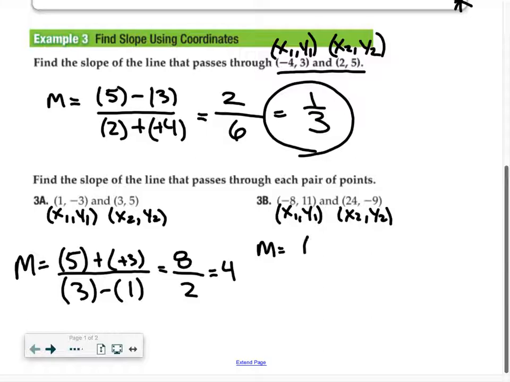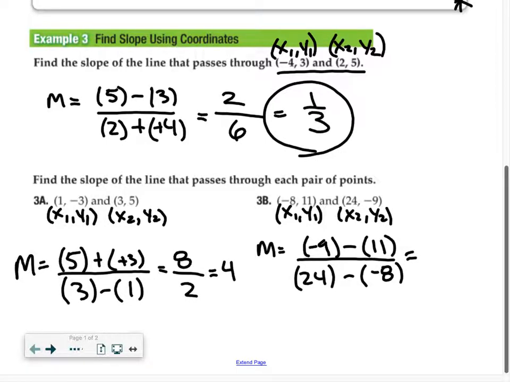Again, one point is point 1, the other point 2. So y2, negative 9, minus y1, 11, over x2, 24, minus x1, negative 8. So negative 9 minus 11 is negative 20, over 24 plus 8, 32. This is a fraction we need to reduce.